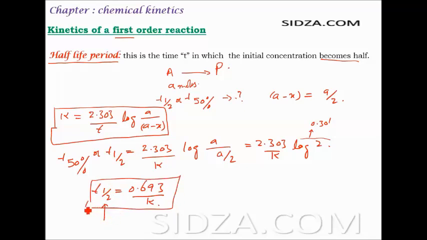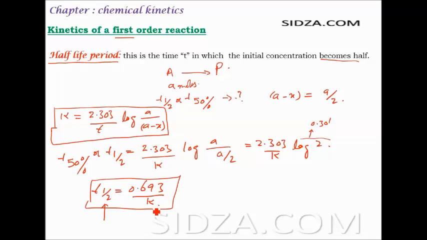This is the time taken by the reaction to get half of the reactants converted into the product. And we find that the half-life period for the first order reaction depends on the rate constant K only, right?